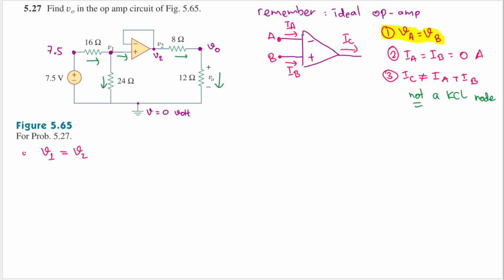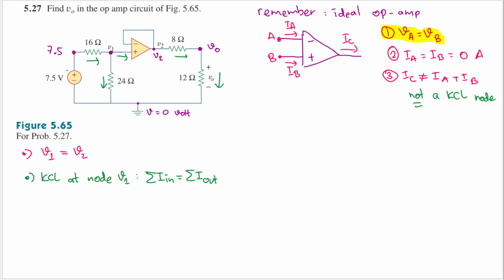I think we can do KCL at node V1. KCL says that the sum of the current that goes in will equal the sum of the current that goes out.